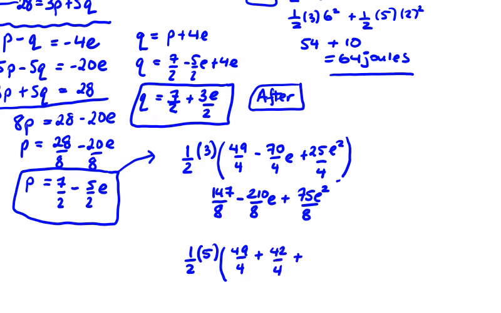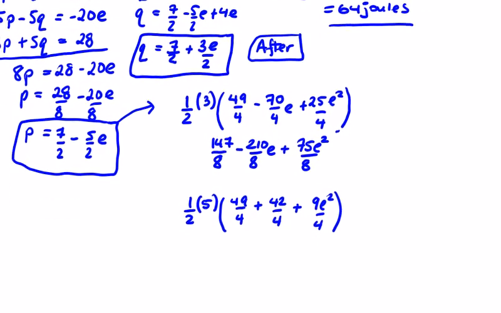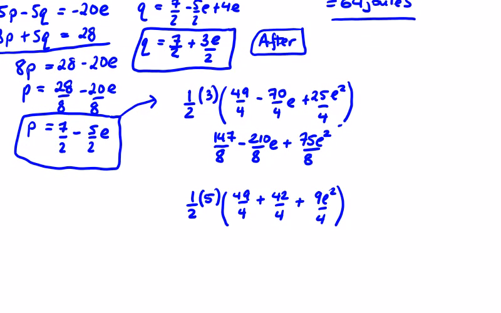And then plus 9E squared over 4. Simplifying this, we're going to get 5 over 2 by 49 over 4, 245 over 8. Plus 5 times 42 is 210 over 8. Plus 5 9s, 45E squared over 8.